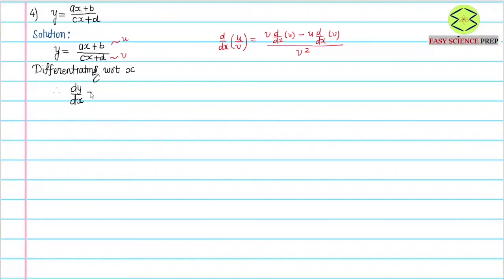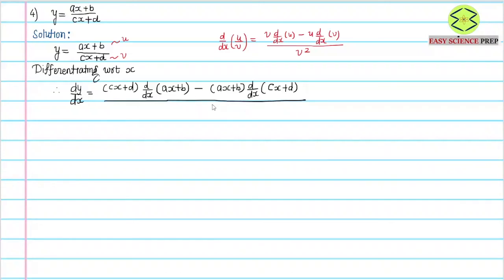So we will write v, the denominator part, that is cx plus d, times derivative of u, the numerator part, that is ax plus b, then minus u, which is as it is, ax plus b, times derivative of v, that is cx plus d.